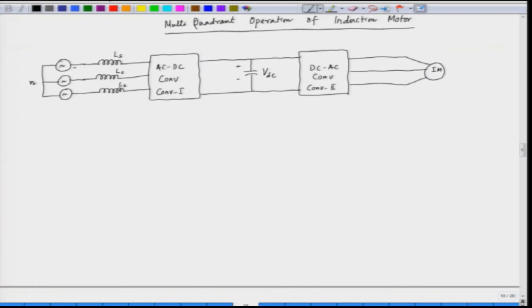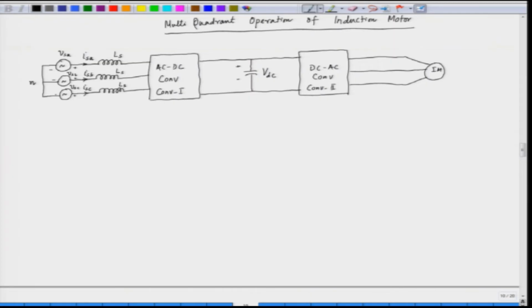The voltages are the supply voltage in phase A, supply voltage in phase B, and supply voltage in phase C, VSC, and the current which goes into this is ISA, phase A current, this is ISB, and this is ISC.